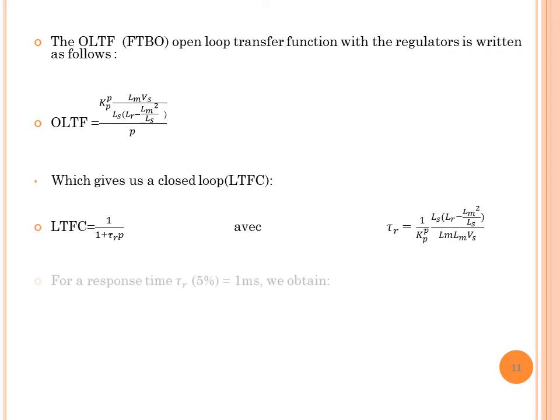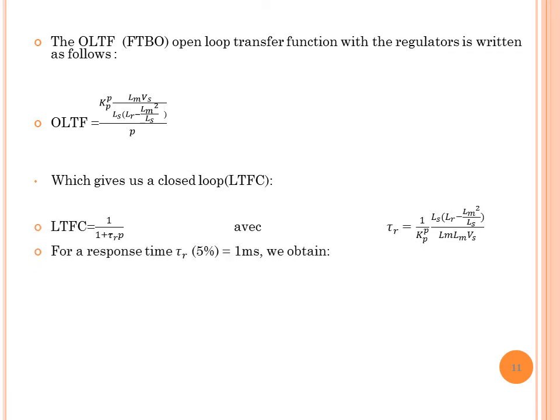FTBO means fonction de transfert en boucle ouverte in French. The open loop transfer function with the regulator is written as follows. It is the function FTBO, which gives us the closed loop FTBF, the closed loop transfer function.